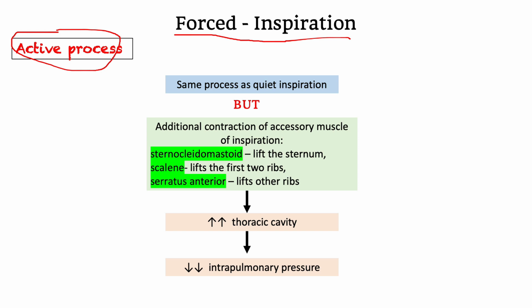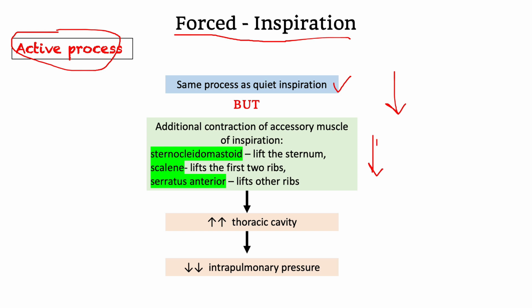So for forced inspiration, the process is the same as quiet inspiration. But the difference here is because we need to have more air to flow into the lung. So meaning we need the intrapulmonary pressure to be lower than the pressure during quiet inspiration.